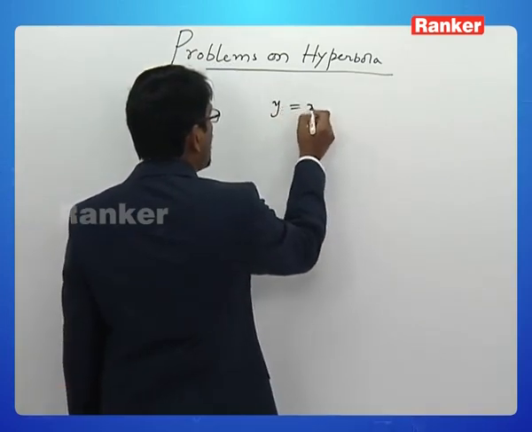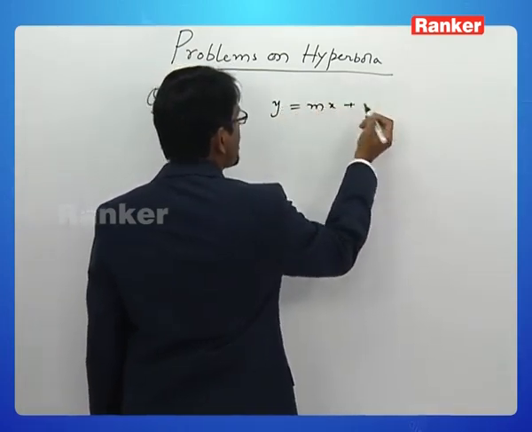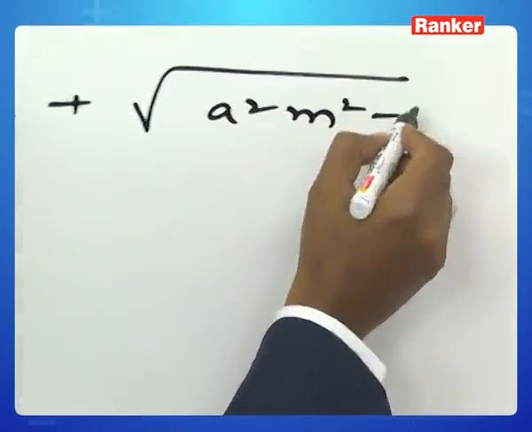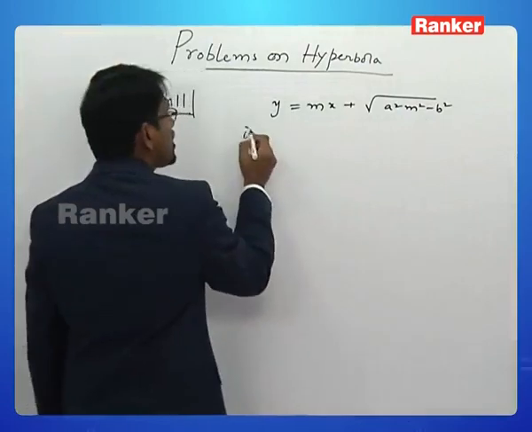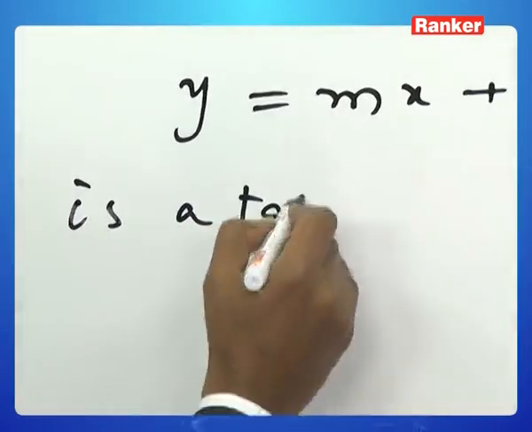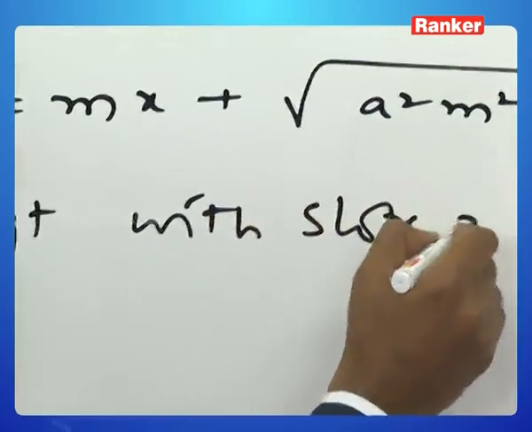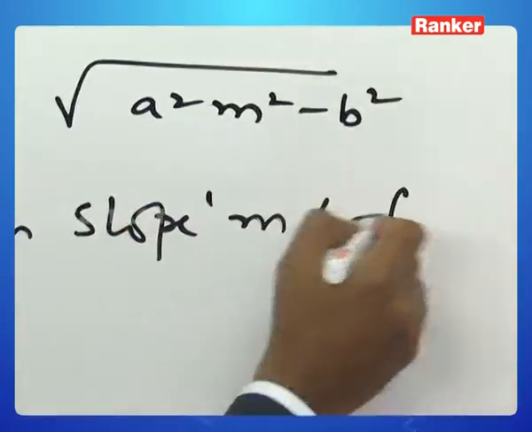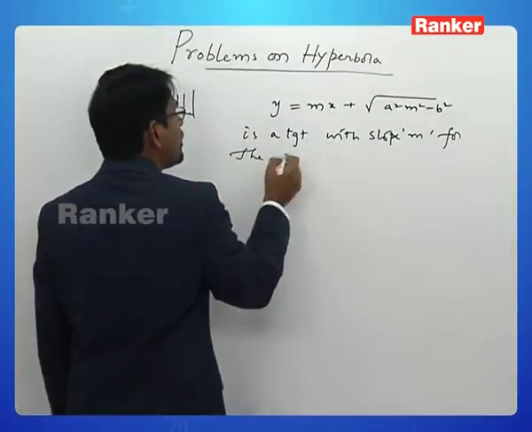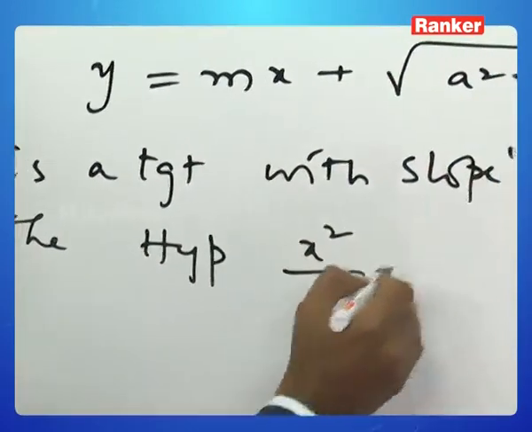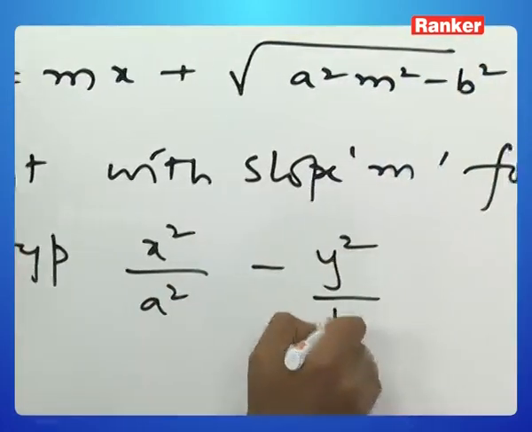y equal to mx plus root over a square m square minus b square is a tangent with slope m for the hyperbola x square by a square minus y square by b square is equal to 1.